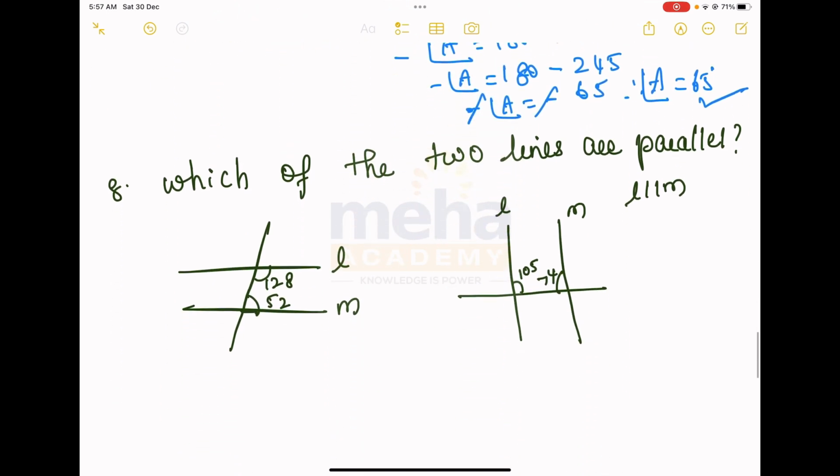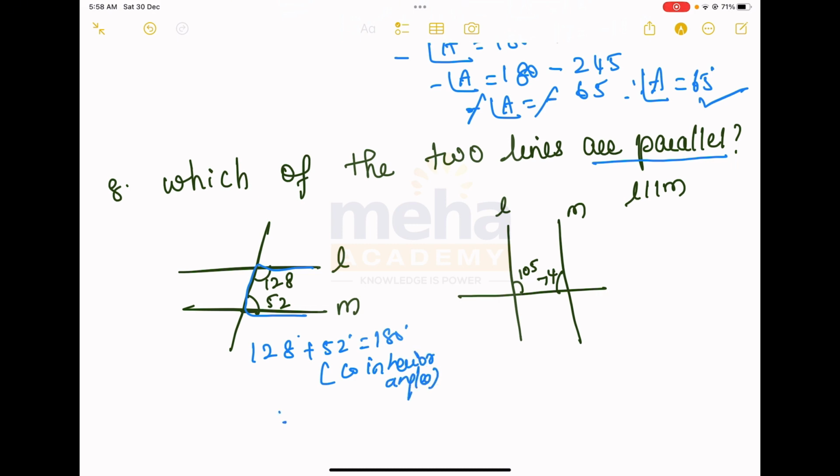The next question, which of the two lines are parallel? If two lines are parallel, I can prove by saying the corresponding angles are equal, or co-interior angles make 180, or alternate angles are equal. So now I'll check the figure A. I will check for the properties. Since there is a U shape, I will say angle 128 degree plus angle 52 degree makes 180 degree because they are co-interior angles.